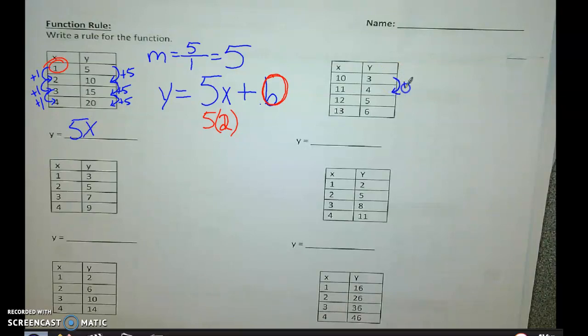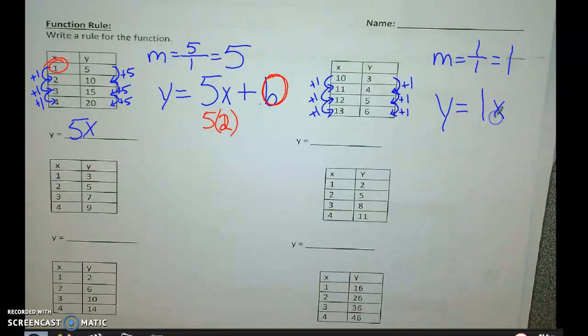Okay, let's look at our second one. Change in y, plus 1, plus 1, plus 1. Change in x, plus 1, plus 1, plus 1. So m equals 1 over 1, which is 1. Now you're going to take your formula, y equals mx plus b. M is 1, x plus, and you've got to figure out, do you need the b?